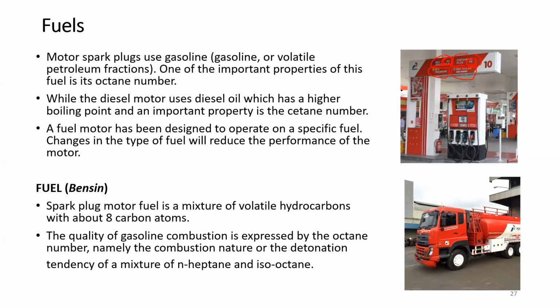So we call it the octane number. What is the meaning of a higher octane number? What is indicated if the fuel has a high octane number? For example, if we compare Pertamax, Premium, and Pertalite. Anyone know the octane number of the Premium?